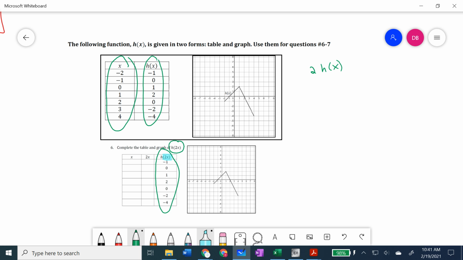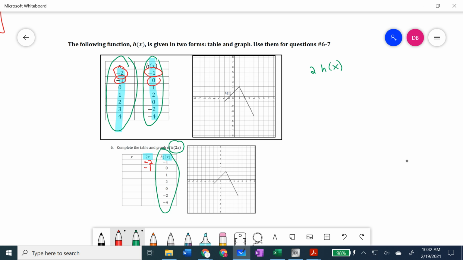However, whatever is going into the function to make this table for h's, these are what have to go in. So that means that to get -1 for h of x, -2 has to be the one that goes in. To get 0 for h of x, -1 has to be the number that goes in.